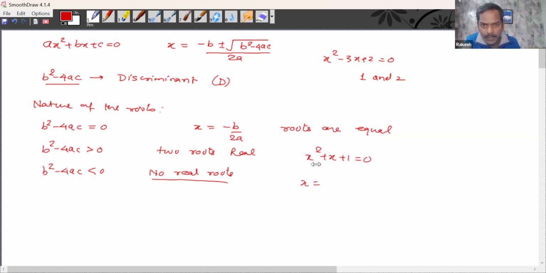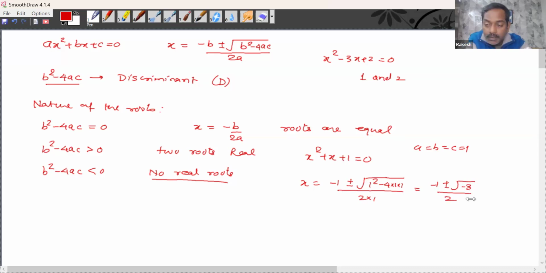Comparing, a, b, and c will all be equal to 1. So here it would be minus b plus minus under root of b square, which is 1 square, minus 4 into 1, whole divided by 2 into 1. This is minus 1 plus minus under root of 1 minus 4, which is under root of minus 3.